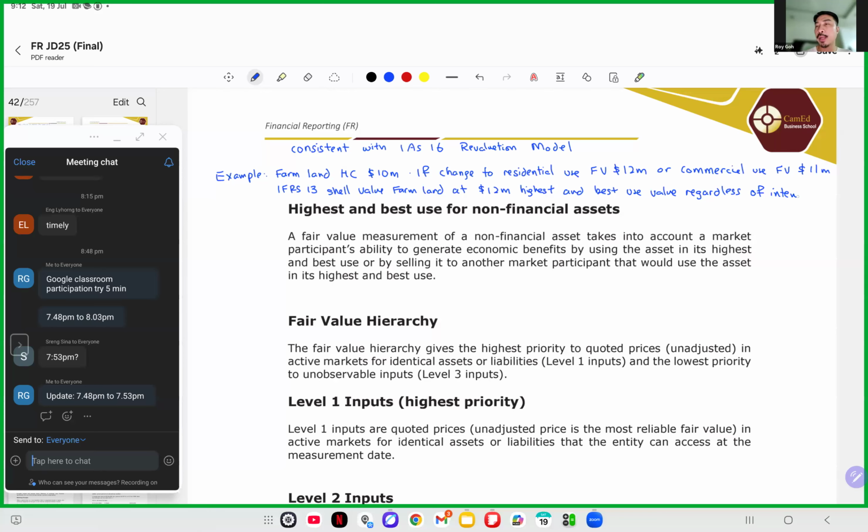Regardless of intention, meaning it does not matter. Do you wish to sell to become residential use or commercial use? It does not matter. But you follow the highest market price.